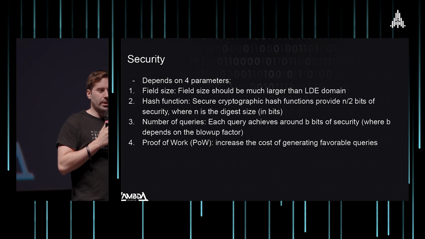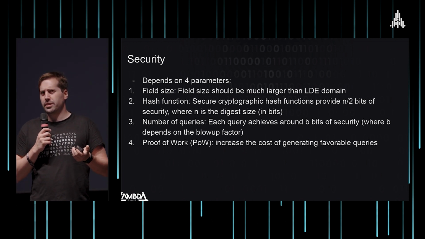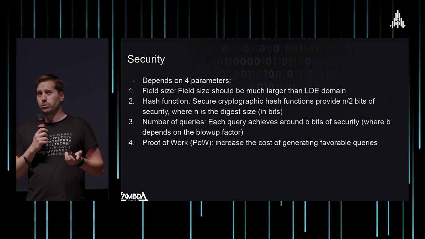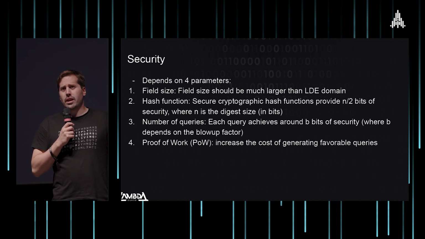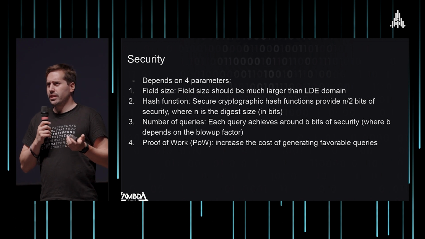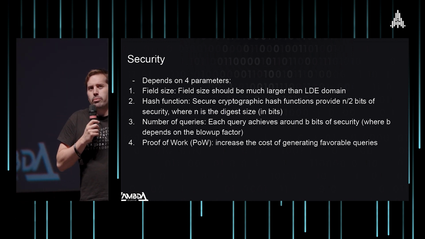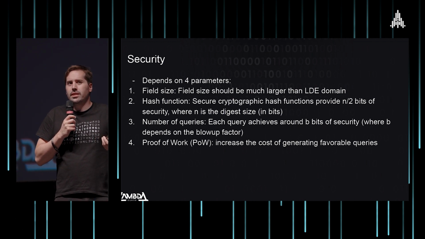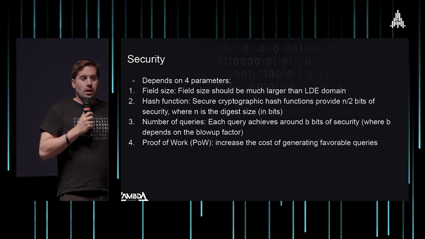Then, of course, we have the hash function. As long as the hash function is secure and provides the adequate bits of security, that is not a problem. So right now, working with SHA-3 and 256 bits of security is sufficient. If quantum computers were to appear, we just have to increase the size of the digest, which will increase proof size.